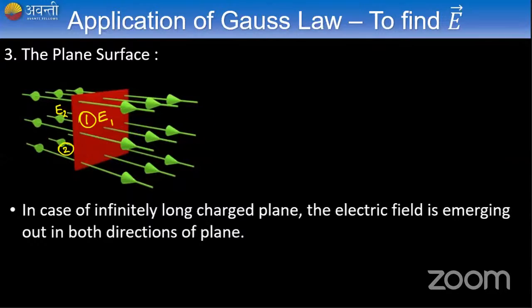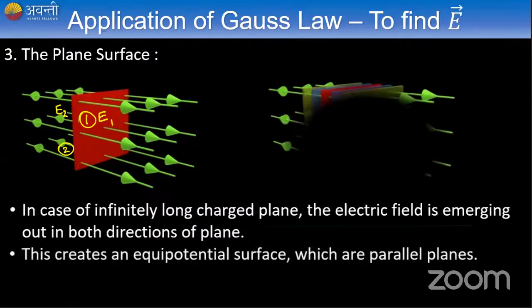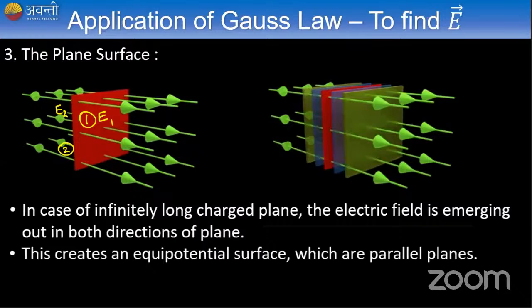In case of an infinitely charged plane, the electric field is in both directions. Where can I consider my equipotential surface? Yes, correct. So this creates equipotential surfaces which are parallel, right?